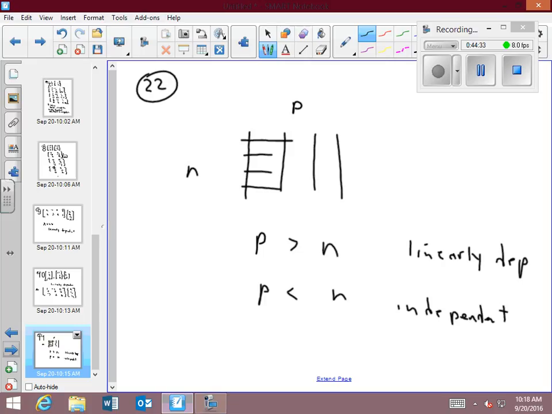Well, this is not true. The warning says right at the bottom that theorem 8 says nothing about the case in which the number of vectors in the set does not exceed the number of entries.